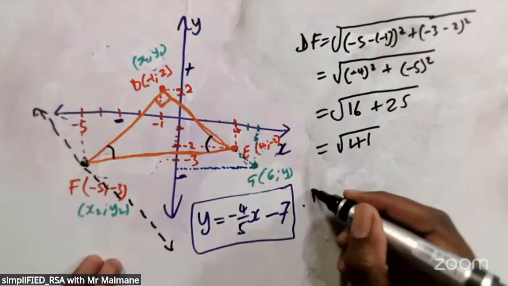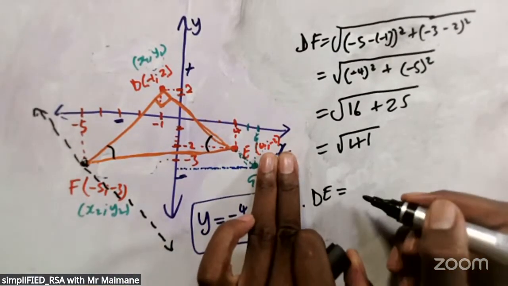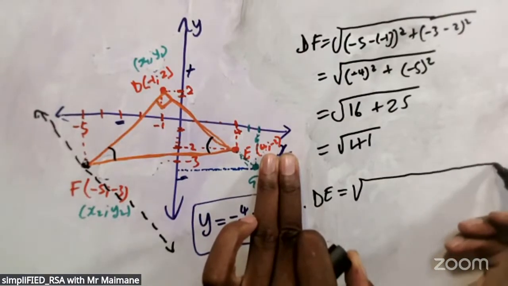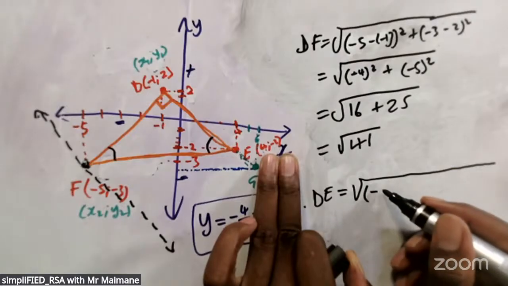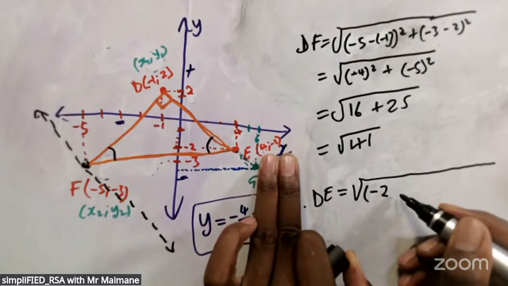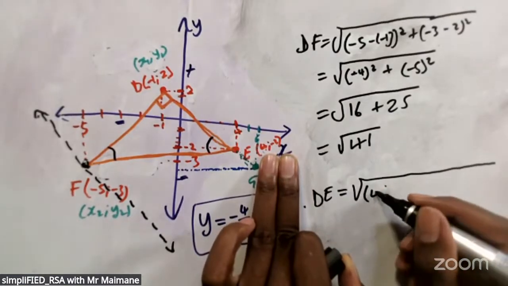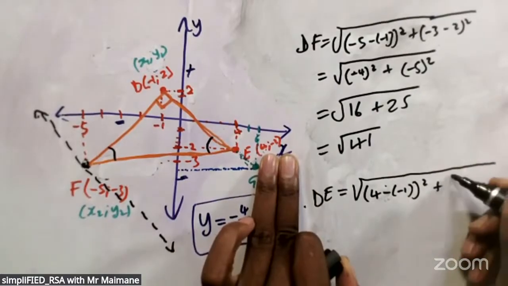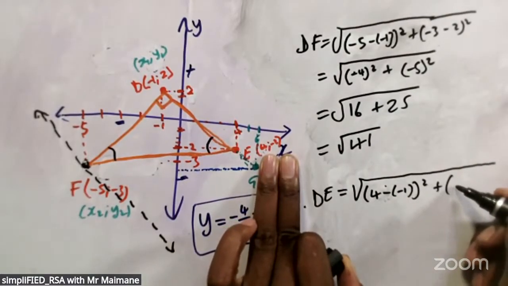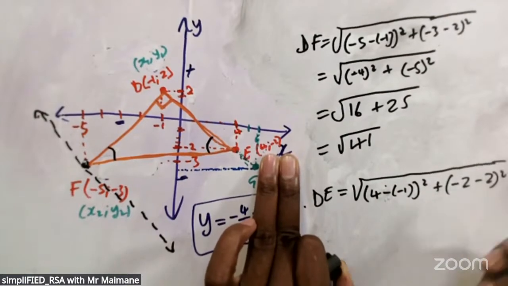So for DE, I'm going to make my x2 and y2 this side. So I would say the square root of, let me start with x, x2 is 4 minus 1 squared plus y2 is minus 2 minus 2 squared.